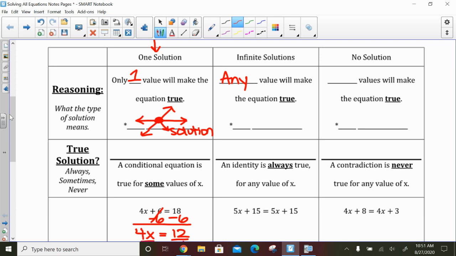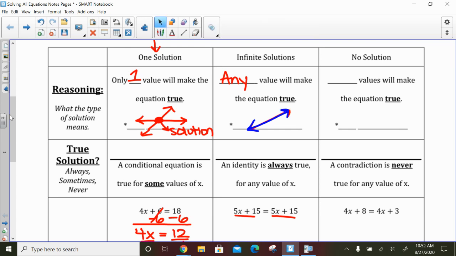If you look down here, 5x plus 15 equals 5x plus 15. The first line is 5x plus 15, and the second line is also 5x plus 15. It's going to be on top of it.